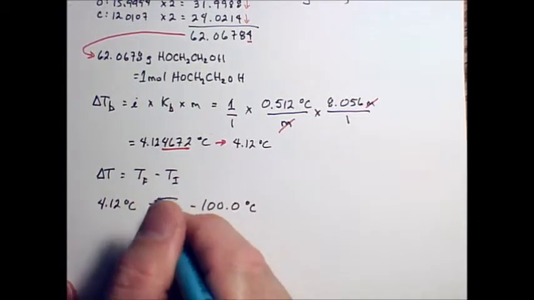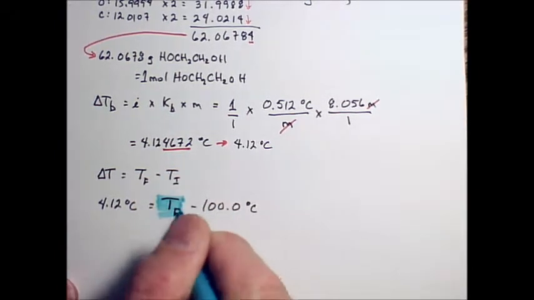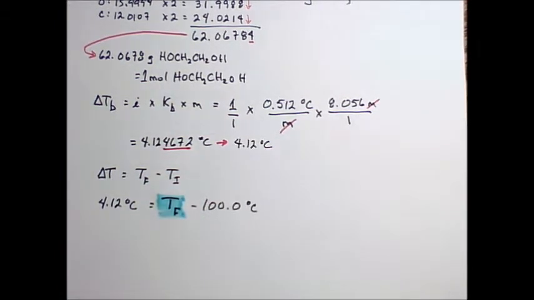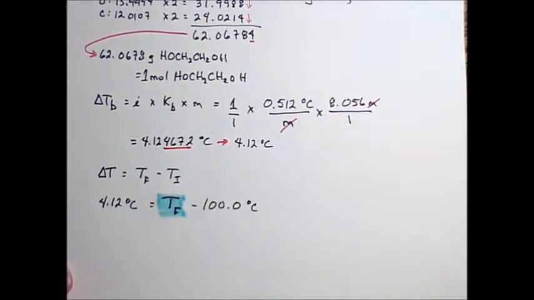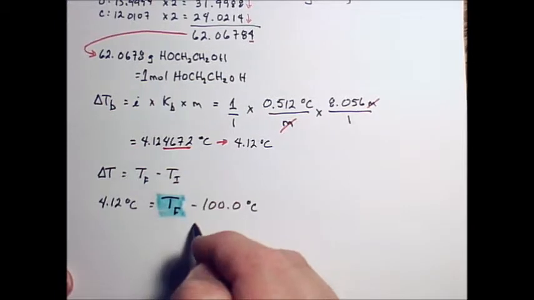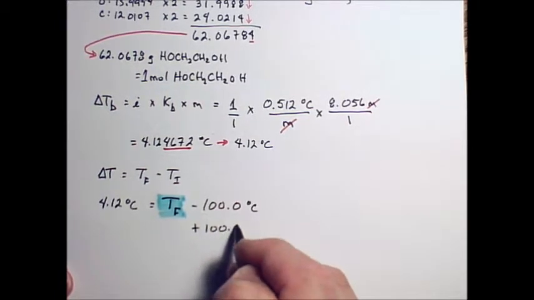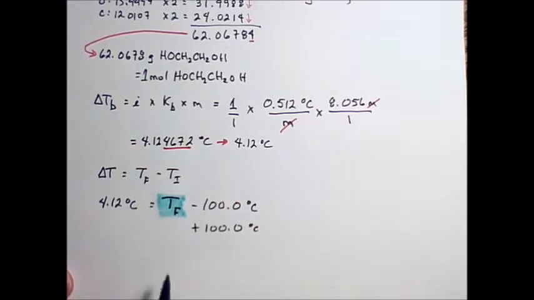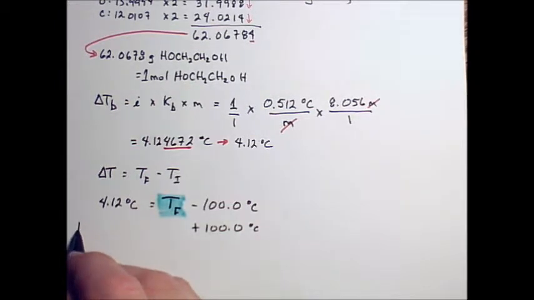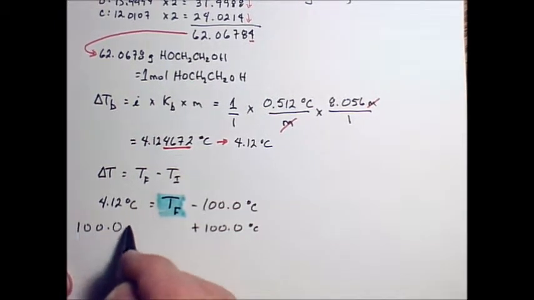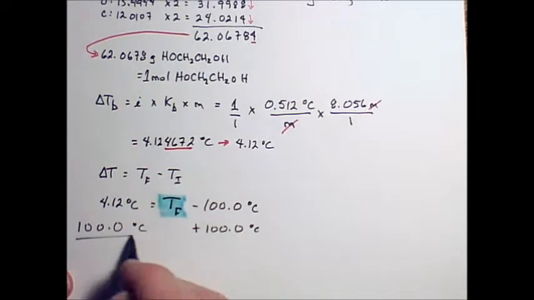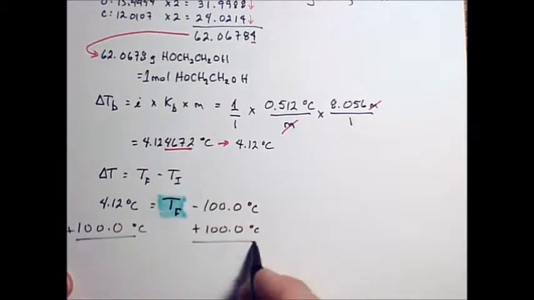In the last unit, all of our isolation steps were multiplication and division. This is addition and subtraction. If we're subtracting 100 here, then we need to add 100 to get rid of it. Whatever you do to one side of the equation, you must do to the other, so we add 100 to both sides.